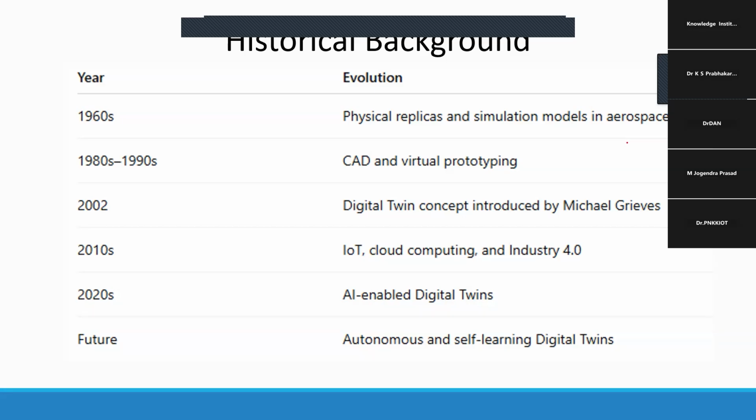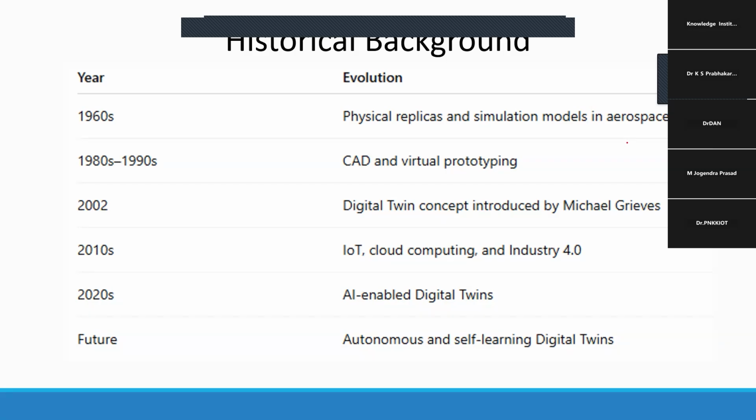The next major advancement came around 2010, because several technologies matured simultaneously. Sensors became very cheap, and the data we get from sensors became more reliable.